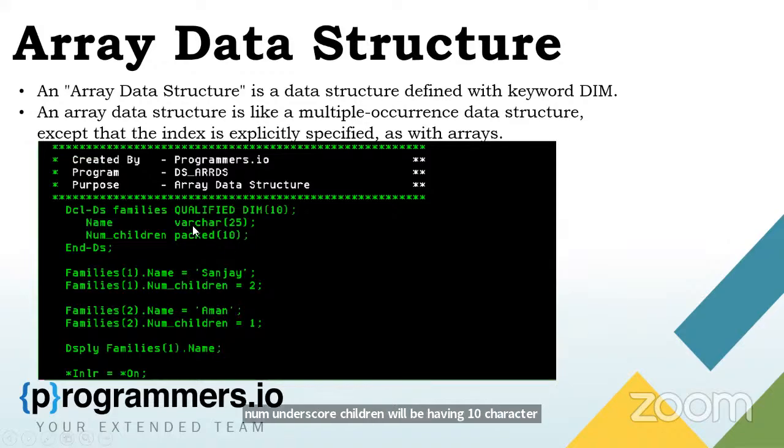So whenever I'm creating a data structure, you can see I'm assigning values to family. Family is the data structure name. Index 1 will have the name Sanjay, and for index 1 the second subfield will have 2. Similarly, we can use the array index 2. So it is very useful for us.